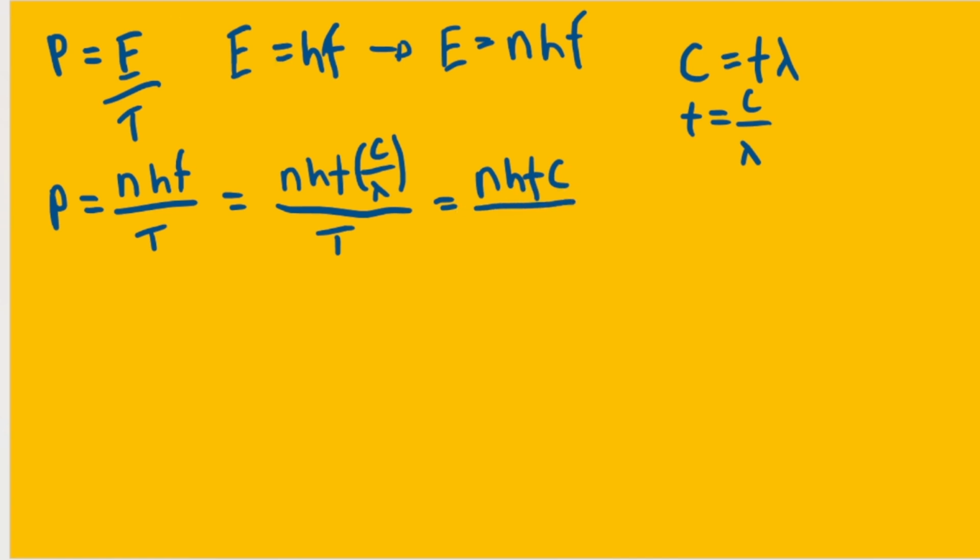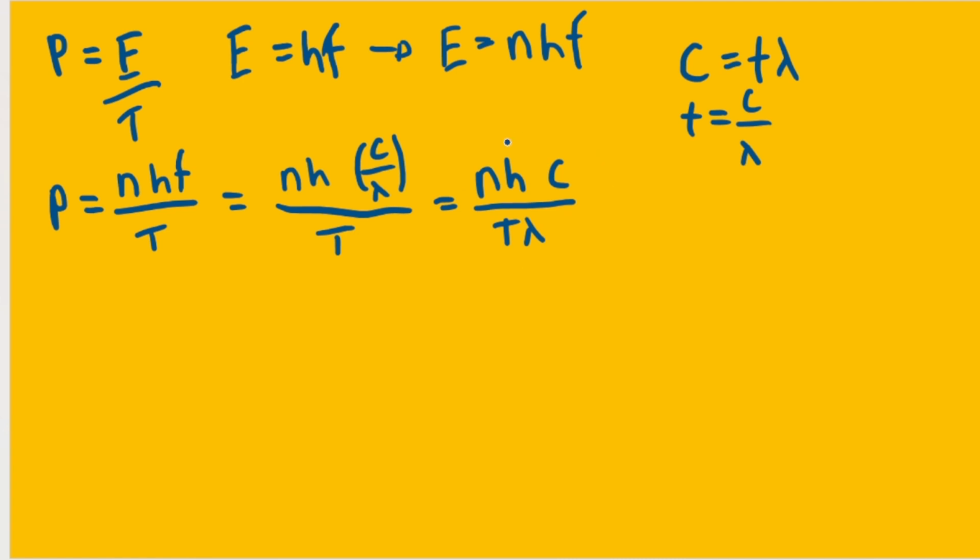Sorry, I should get rid of that f. There you go, because we subbed f and we replaced it with these. So nhc over t times wavelength.